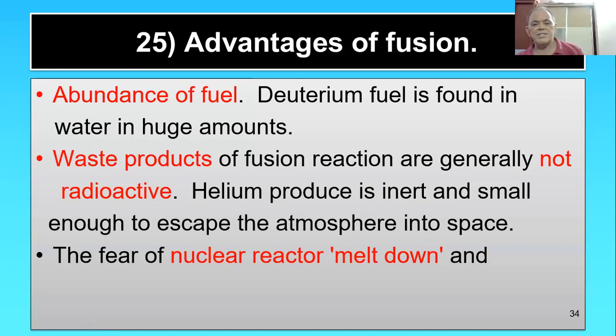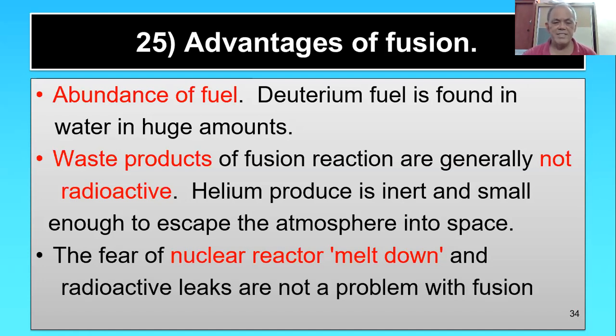And then the fear of nuclear reactor meltdown. Right? If it's a fission reactor, it melts down, you can see radioactive material will discharge into the water and to the atmosphere. Whereas in this case, there's no problem. Deuterium, tritium, and helium, they are not very active.